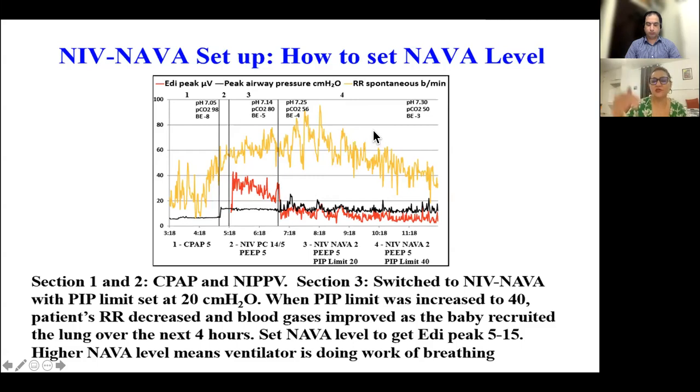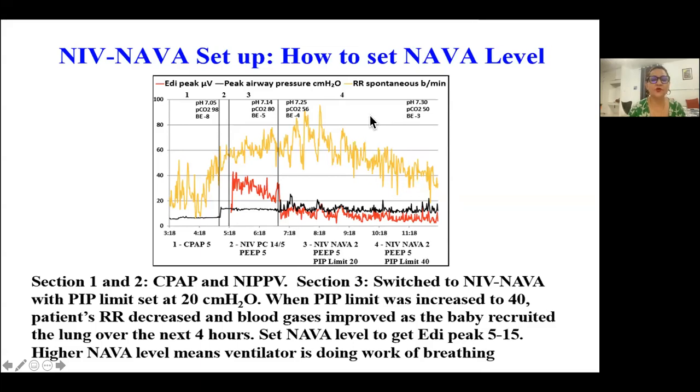When you increase the pressure limit higher, the pH has improved. Depending on how you have set the NAVA level to get the EDI peak of 5 to 15, it takes time. It took around 4 hours for us to know exactly what limit of PIP is required by this particular baby, which is quite high.